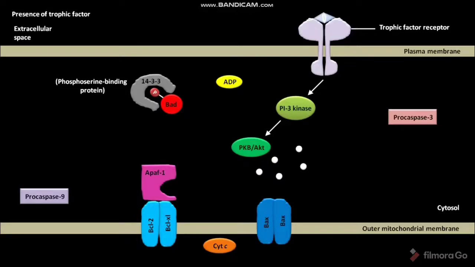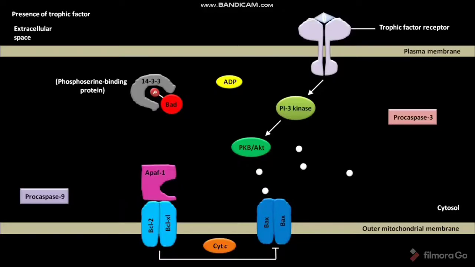As the BAD is sequestered or isolated in the cytosol, the BCL2 and BCL-XL proteins inhibit the activity of Bax proteins. As a result, the Bax proteins cannot form a homo-oligomeric channel, so the cytosolic ions cannot pass into the mitochondrion.